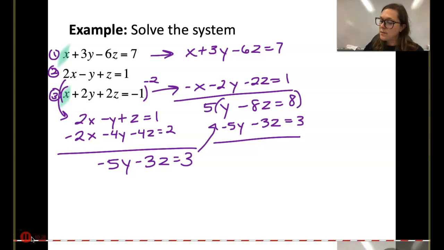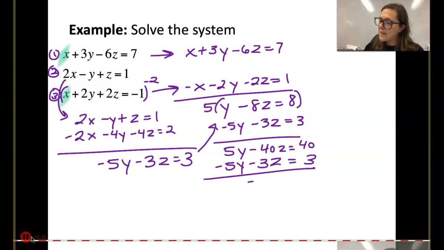So now my new system is 5y minus 40z is equal to 40. Second line doesn't change. Negative 5y minus 3z equals 3. Adding gets us negative 43z is equal to 43. So z equals negative 1. All of that work to get negative 1.